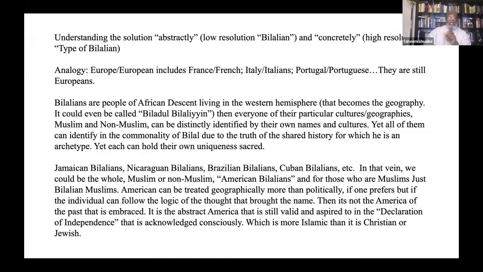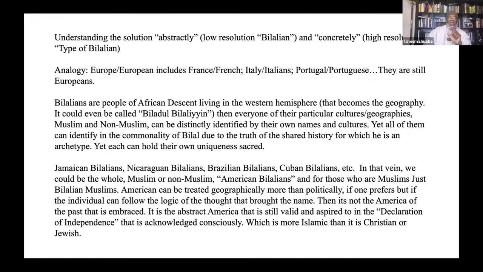And to that extent, Bilal is the embodiment and the archetype of that experience. And those who are here, by and large, come through that mechanism, so Bilal is still the correct archetype. It's the correct icon. It's the correct label.